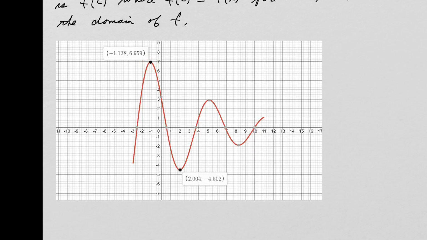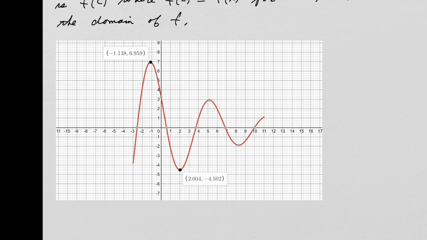Then again, there's a few relative minimums. We have a relative minimum here, at the bottom of a valley, another one here at the bottom of the valley. But the absolute minimum is the lowest point. This is a little bit higher, so it's going to be right here. That point has coordinates 2.004 and negative 4.502.